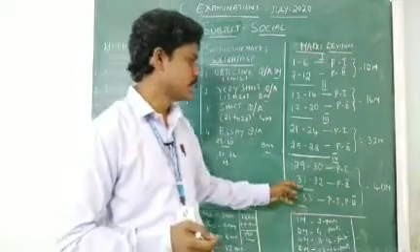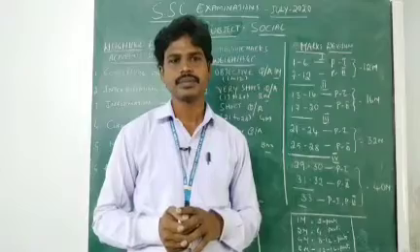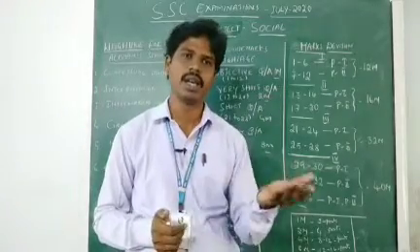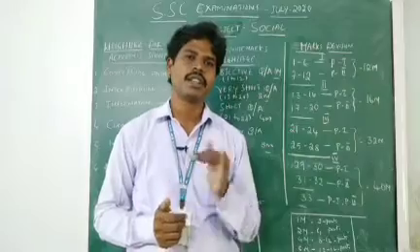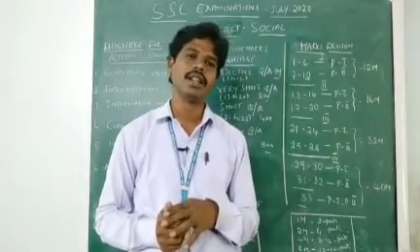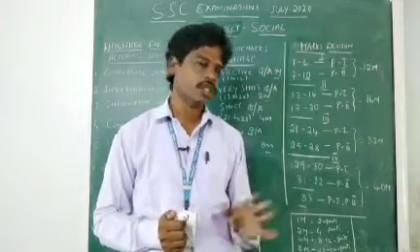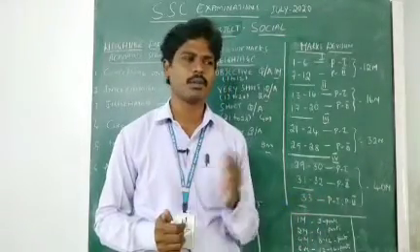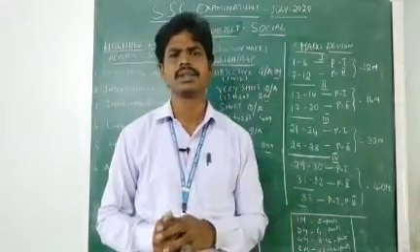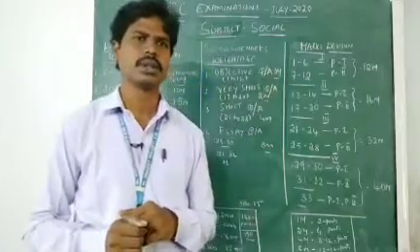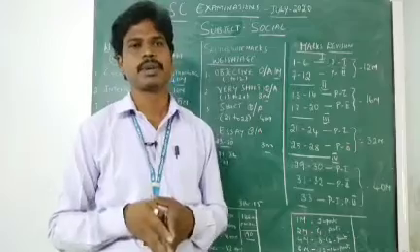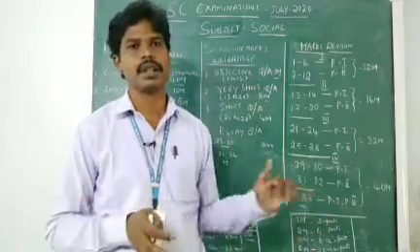And coming to 31 and 32. 31 also has an internal choice, A and B. In a similar way, 32 also has an internal choice, A and B. Both will be coming from paper 2, covering chapters 13 to 22 of the paper 2 syllabus.